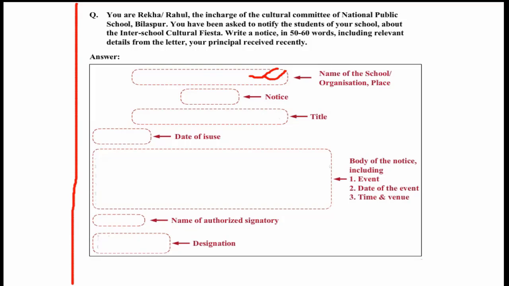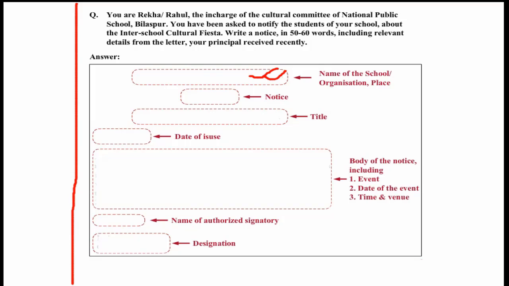Then after that, who is authorizing or who has written this notice, that means you are the person, then you have to write your name. And if you are holding any post, that is called designation, like you are a class leader or captain or cultural officer, that means you have to write there, okay. Or whether you are a librarian, then you have to write there librarian, the post, okay. Mention your name here.